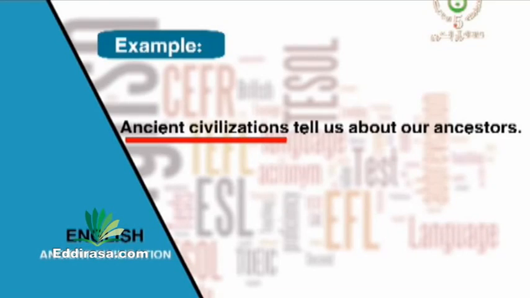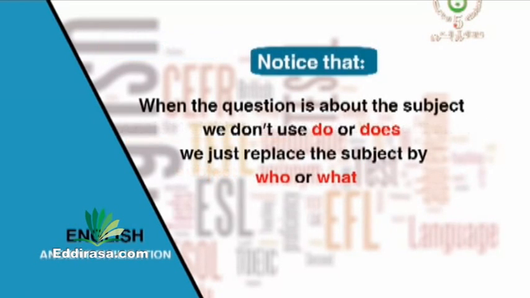Pay attention, there is an exception to this rule, as in the example, ancient civilizations tell us about our ancestors. What do the underlined words refer to? Right, they refer to the subject. When the question is about the subject, we don't use do or does.